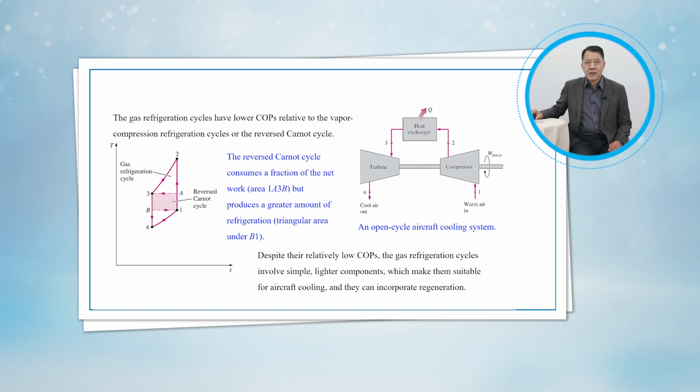An open-cycle aircraft cooling system is shown in the figure. Atmospheric air is compressed by a compressor, cooled by the surrounding air, and expanded in a turbine. The cool air leaving the turbine is then directly routed to the cabin.